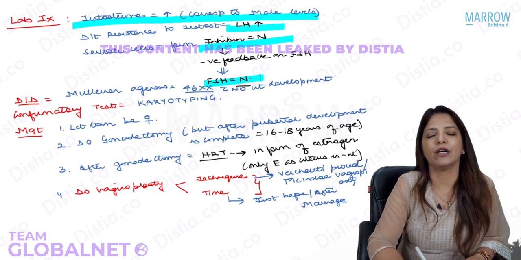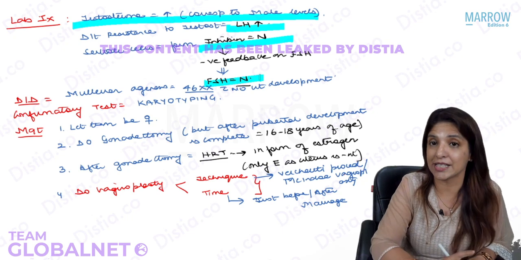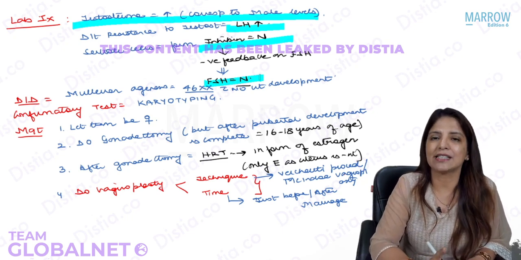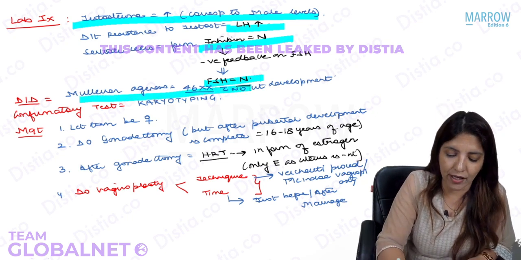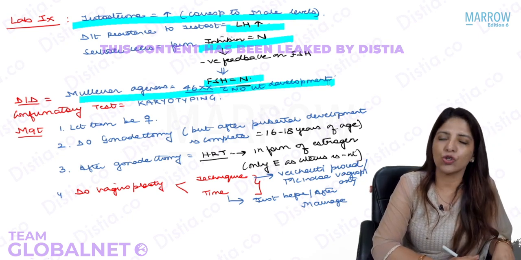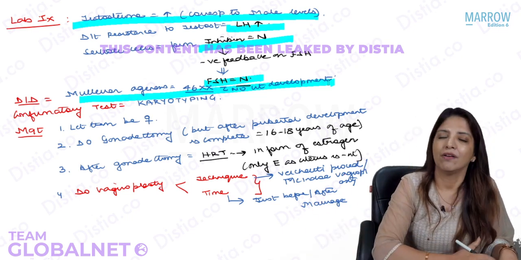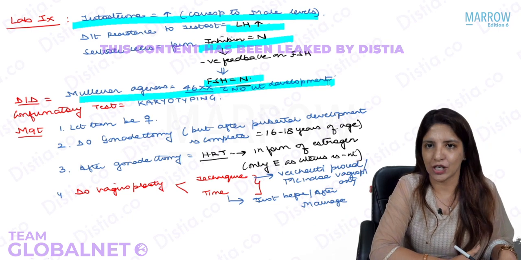A very important differential diagnosis of this condition is a 46XX DSD. Now, if there is a 46XX DSD where there is no uterus development, right? Here also you will see absent uterus. There also you will see absent uterus, right? And that is Mullerian agenesis.